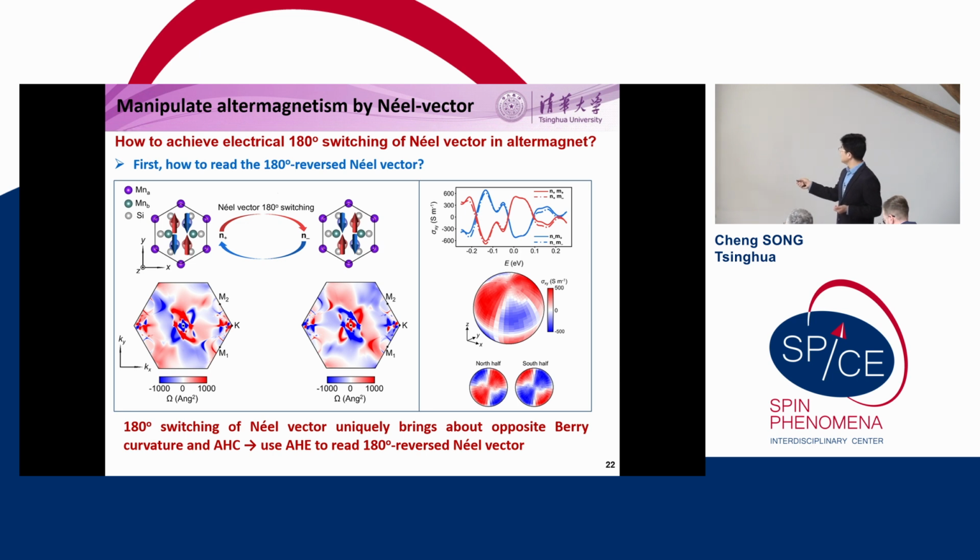When the Néel vector is not switched, and only the net moment in the system switches, the anomalous Hall conductivity does not change much. Only when the Néel vector changes 180 degrees from positive to negative does it show opposite anomalous Hall conductivity. We also show this in the bulk, in this circle, for the north half and the south half. When we switch the Néel vector by 180 degrees, the anomalous Hall conductivity reverses.